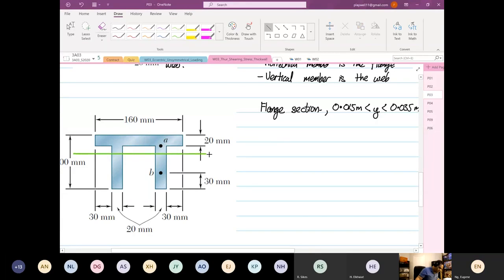So we apply the rule that the analysis is at the datum, the datum is at the centroid on the z-axis, and the distance from here to here now is 0.015 meters, and the outermost is 0.035 meters, right?